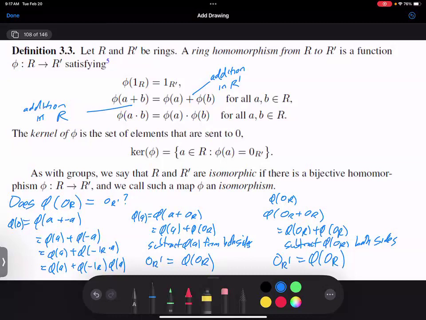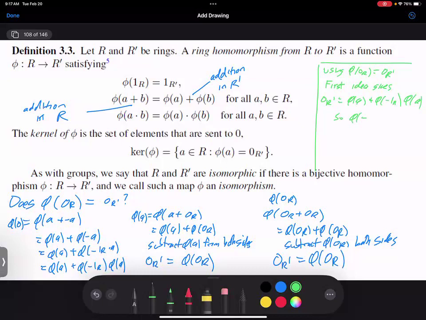Negative r prime. So using phi of 0r equals 0r prime, the first idea gives 0r prime is phi of a plus phi of negative 1r phi of a.